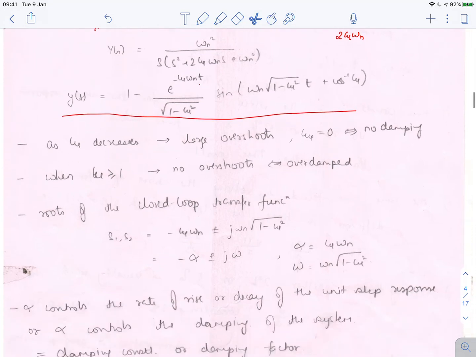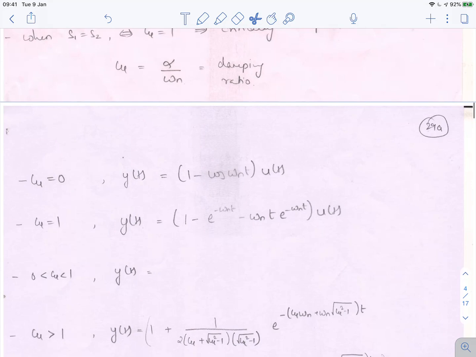Okay, so I think you can see the response here. When xi becomes equal to 0, we have the purely sinusoidal response, as we have seen in the previous example. When xi becomes equal to 1, we have y(t) equal to this, so we have two exponential terms which are decaying.